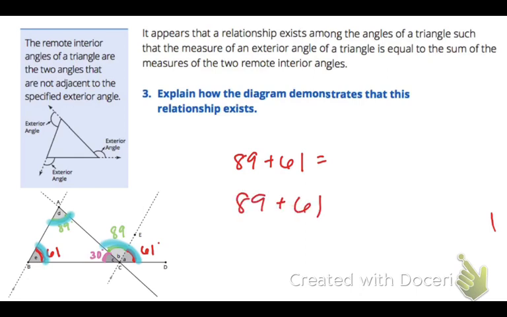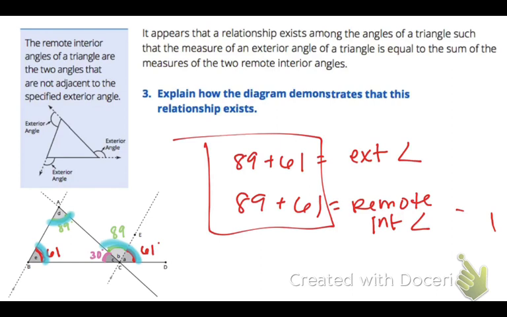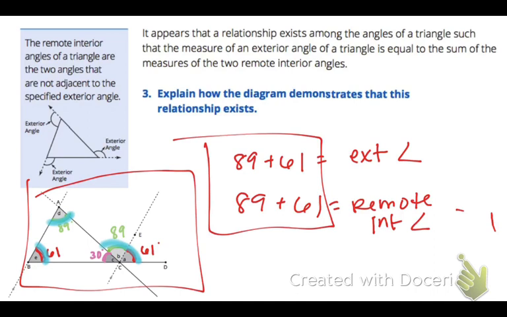So this is referring to the exterior angle, and this is referring to the remote interior angles. Both of these will add up to the exact same thing. So that is how we can prove, based on this diagram, that your exterior angle will always equal the sum of the two remote interior angles. So make sure that you are explaining to me how you know that this would end up proving or showing that relationship between the two.